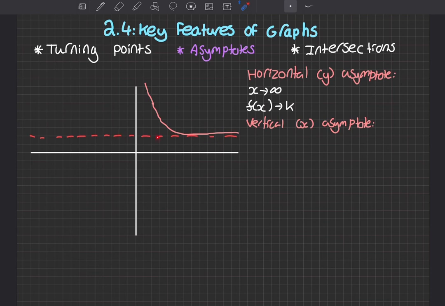So if the asymptote was at y equals 2, your k value would be 2. And this means that as x approaches infinity, f of x gets very close to 2, but doesn't actually touch 2. And the same concept applies for your vertical asymptotes.